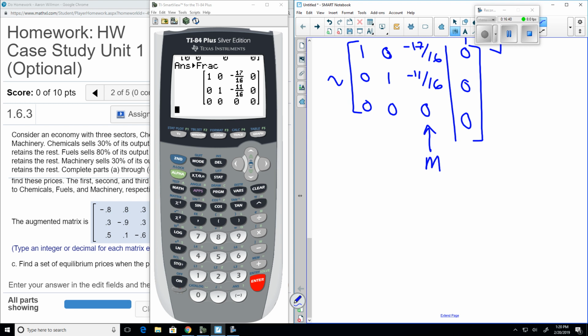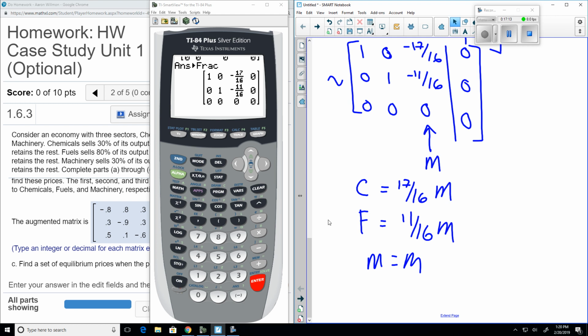So I have chemicals equals 17/16 machinery, and fuels equals 11/16 machinery, and machinery is itself. So if I knew the price for machinery, I would know them all, right? I just have to know the price for machinery.